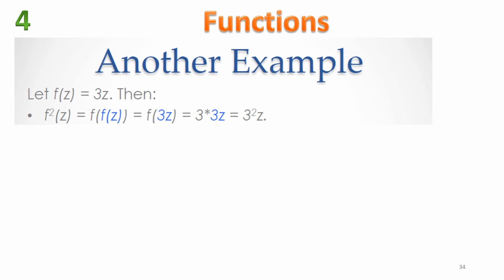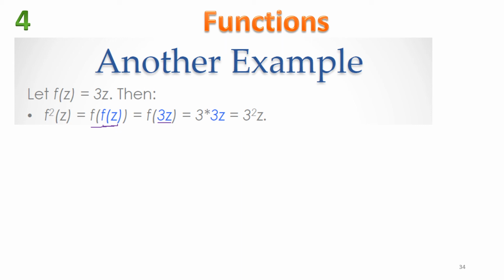To understand it better, let us consider that f of z is equal to 3z, and then we take the iteration of f of z, that is f to the 2 of z. So f of z is 3z, so we replace the variable by 3z so that we can find f of 3z.